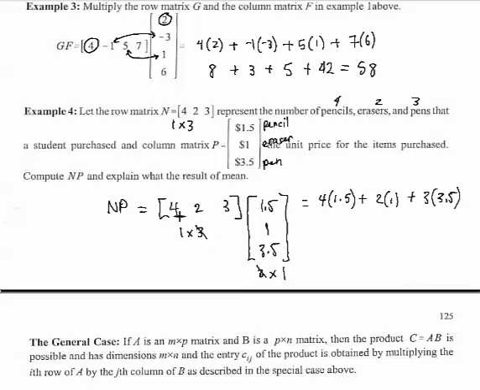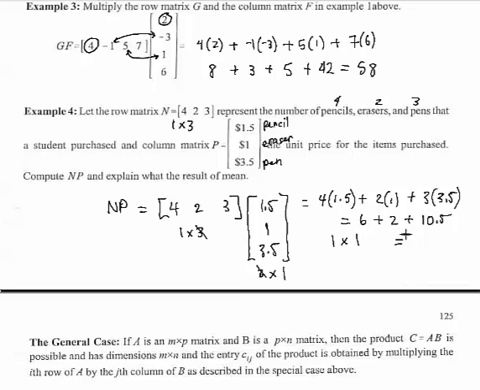Well, what dimension matrix are we going to end up with when we actually carry out the product? The rows and the columns left are 1 and 1, so we're going to end up with a 1 by 1. We're only going to get a single number here. 4 times 1.5 would be 6, then plus 2, the cost of the erasers, and then 3 times 3.5, what do we get? 10.5, $10.50.